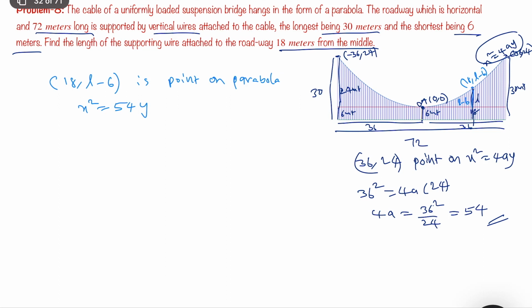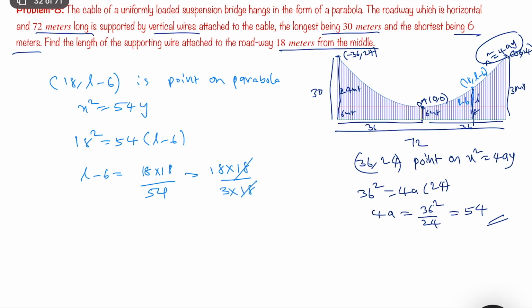Since it is a point on the parabola, it must satisfy the equation when we plug it in. So let's plug it here. 18 square equal to 54 times L minus 6. So L minus 6 equals 18 square by 54. I can write 18 times 18, and 54 I can write as 3 times 18.